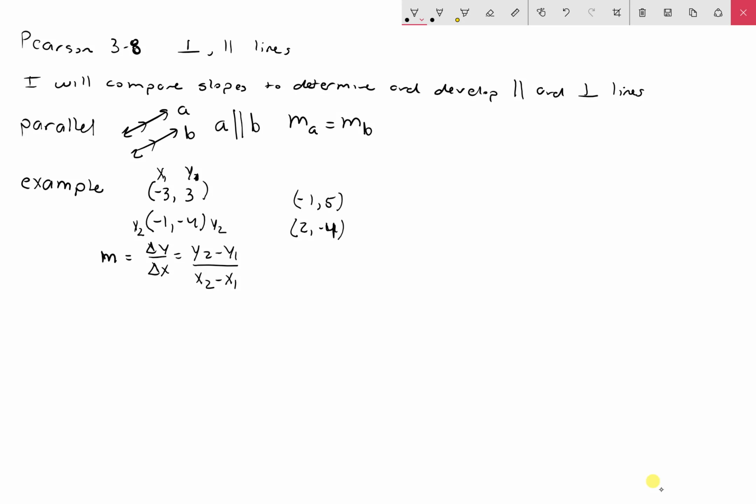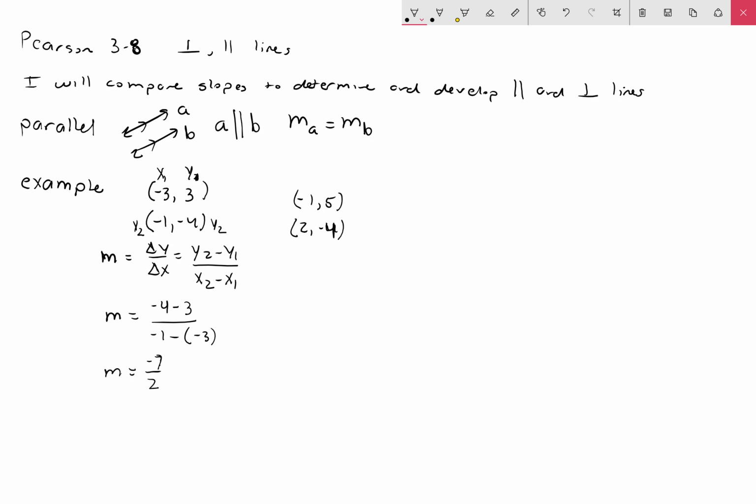So we can say that slope is -4 minus 3 over -1 minus -3. Please notice the use of parentheses. Anytime you substitute a negative, you need to use parentheses. If we keep going, we get -7 over +2.